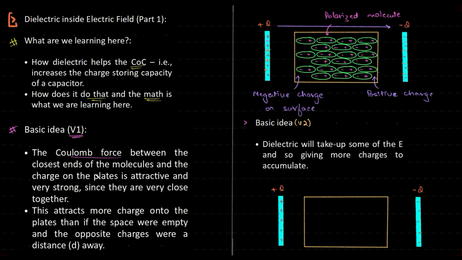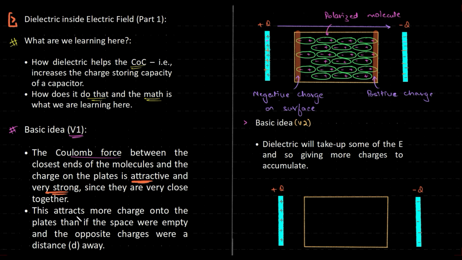Does it make sense? The Coulomb force between the closest end of the molecules and the charge on the plate, so basically we're talking about this end and this end, is attractive and very strong since they are very close by. Makes sense.